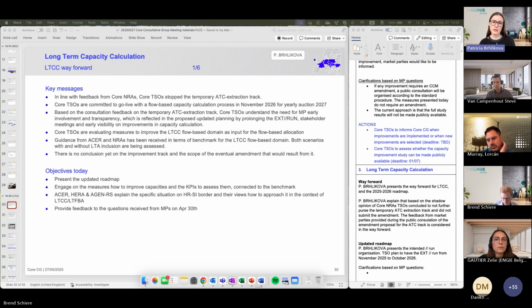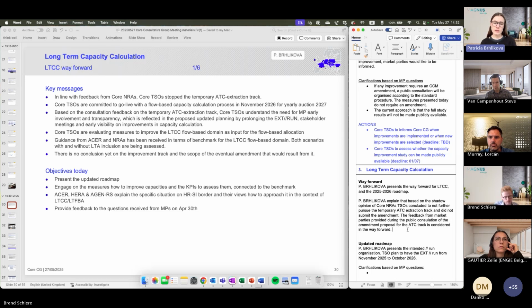With this being said, the ATC extraction track has been abandoned, and this was really after a thorough consideration of all the feedback that we have received, both on the temporary or the interim ATC extraction track, but also the general implementation of flow-based. The key feedback we are also taking into consideration from the market participant side is especially on the roadmap and the planning of the external parallel run, but also more active stakeholder involvement and early visibility on the improvements for the capacity calculation.